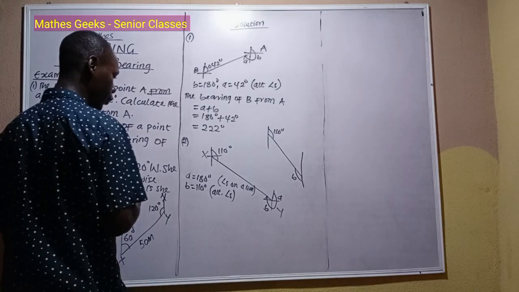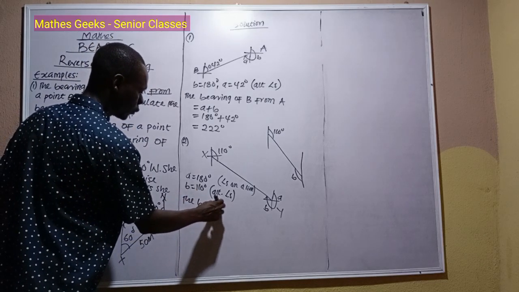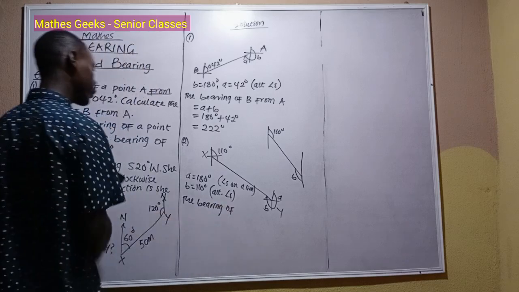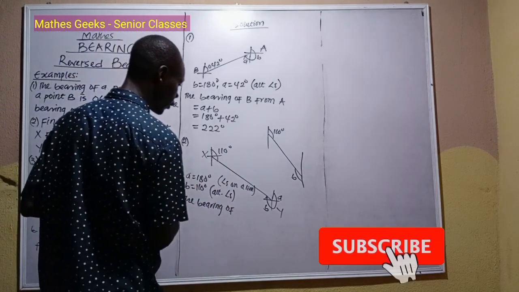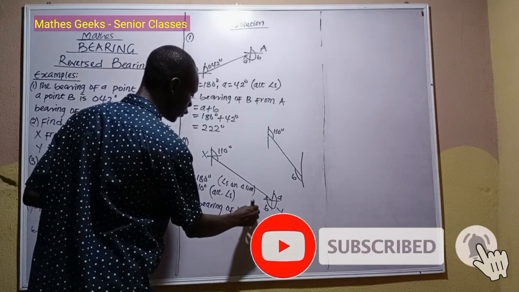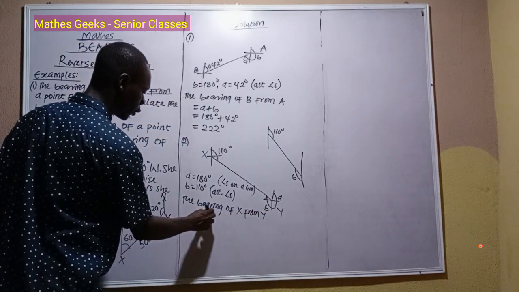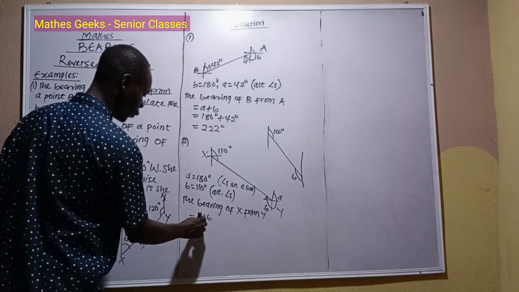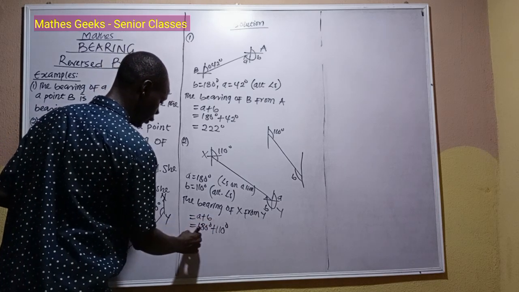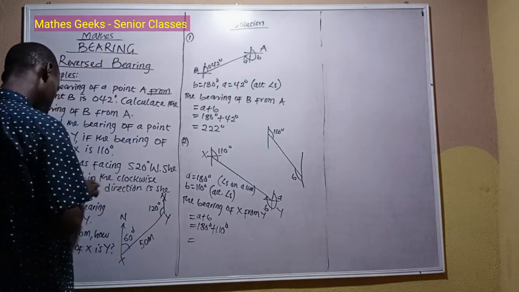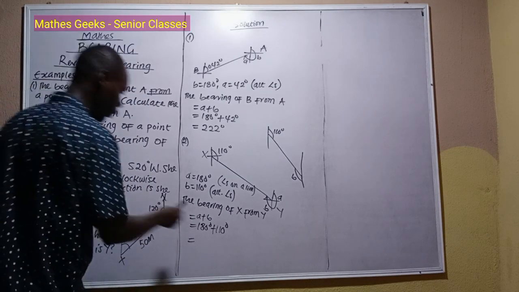That's B. So the bearing of X from Y is equal to E plus B. That will give us 180 degrees plus 110 degrees, which is 290 degrees.